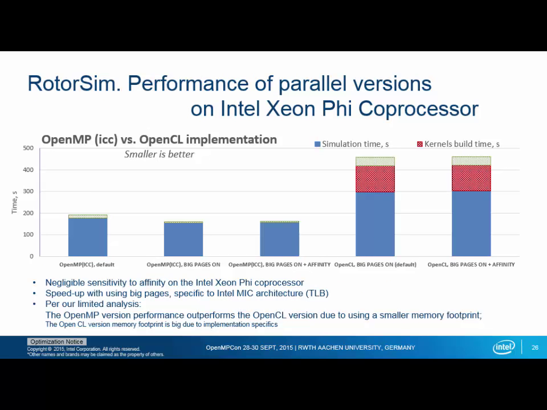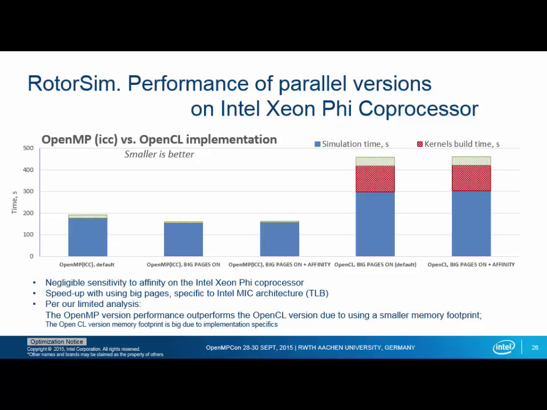And this is a comparison for Intel Xeon Phi. Again, for the OpenCL version, we can see that there is some time required to build kernels for OpenCL. We found that affinity is turned on by default on the Intel Xeon Phi.